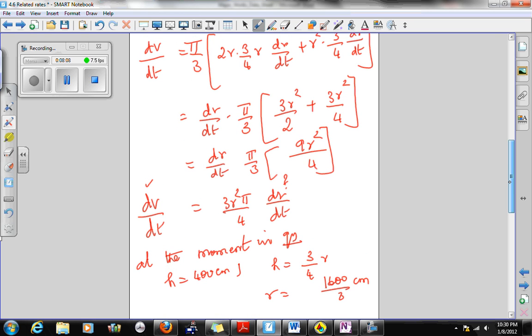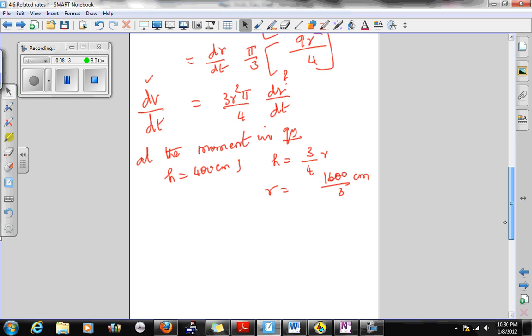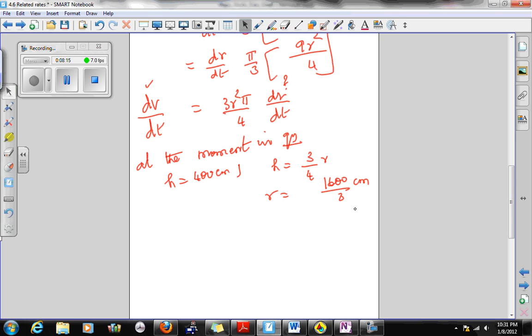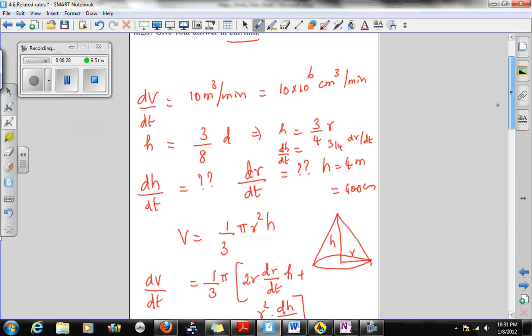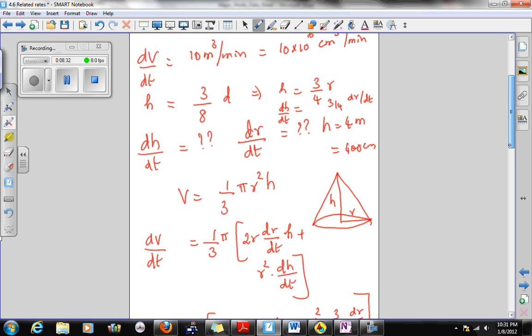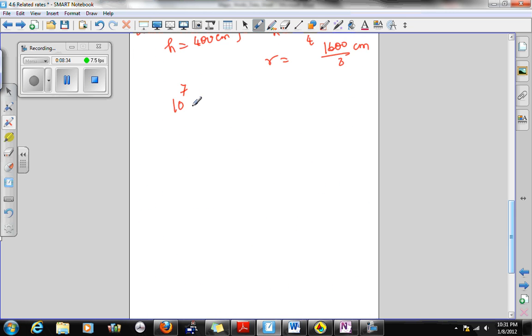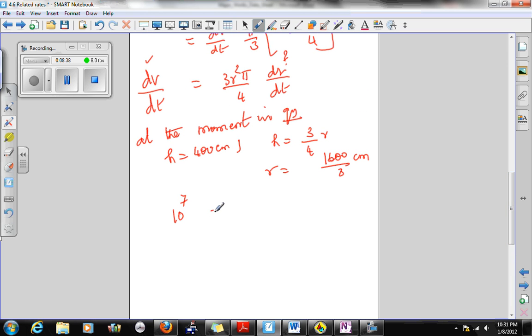Now we can substitute for r as 1600 over 3 centimeters into this equation for dv by dt. Earlier we said that dv by dt is 10 times 10 to the 6, in other words 10 to the 7 centimeters cubed per minute. We'll disregard the unit for the time being.